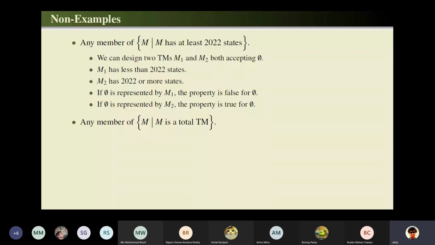Because for the same RE language, or for that matter, for the same recursive language, we can have a Turing machine which is total, and we can have a Turing machine which is not total. Which machine shall I take as the representative? For one representative, this property is satisfied. For the other representative, this property is not satisfied. And therefore, this is not a property of RE languages. It is a property of machines.